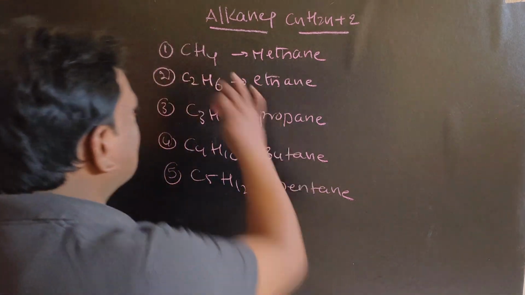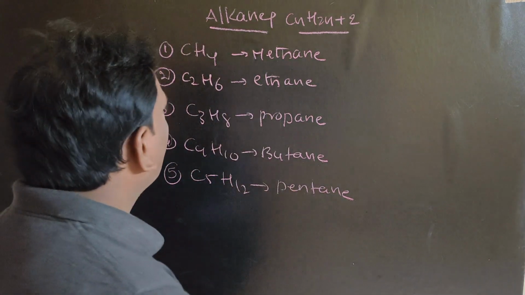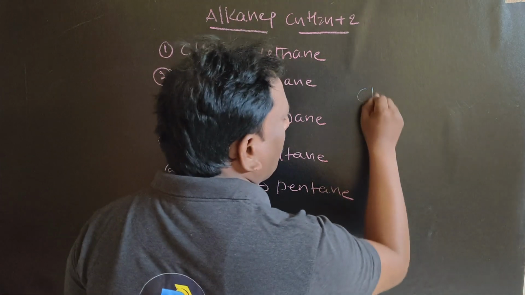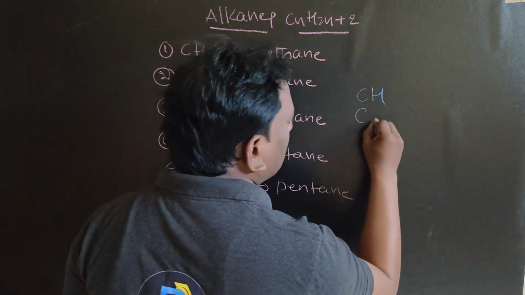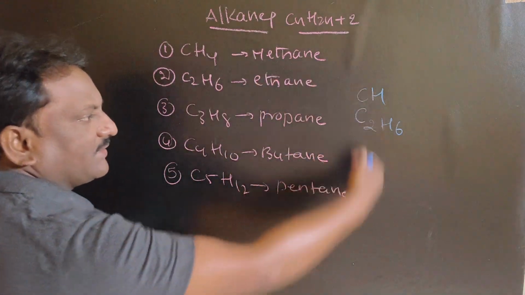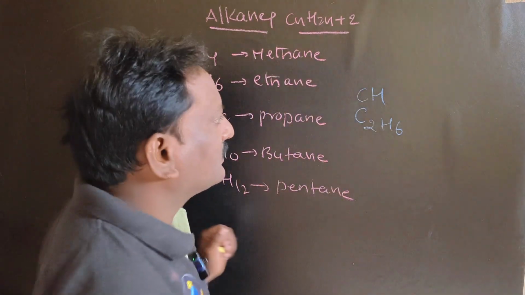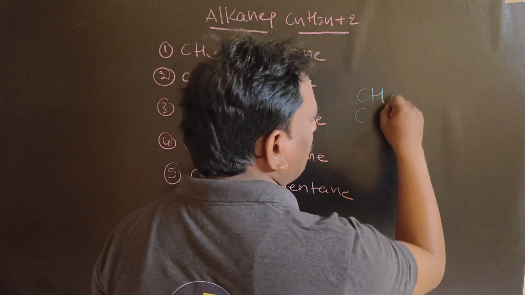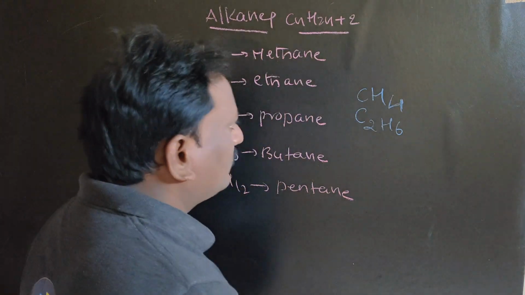Let us check successive compounds. What is the difference between methane and ethane, the first member and second member? Methane is CH4 and ethane is C2H6.